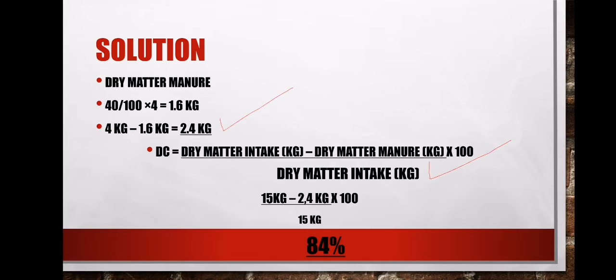We say 15 kg minus 2.4. You can press it ngokuhlukana. Uthi 15 kg minus 2.4 izokunika u-12.6. Then bese uthi 12.6 divided by 15 kg multiplied by 100 technically 84.